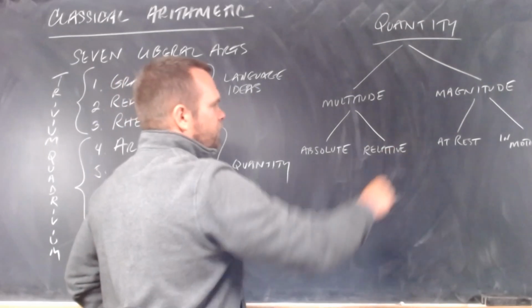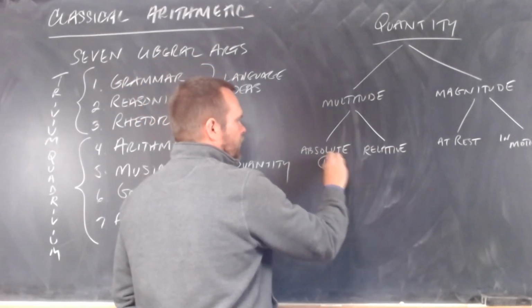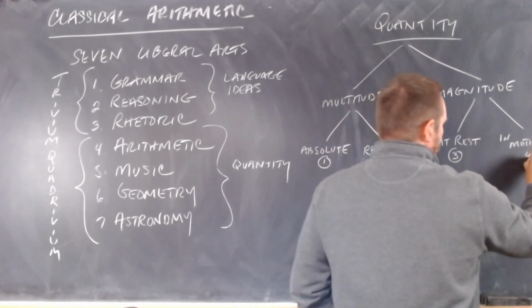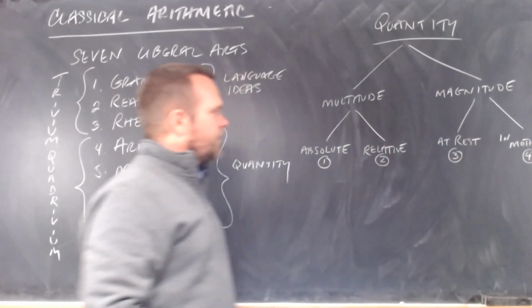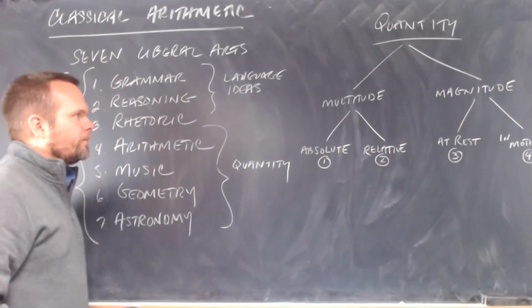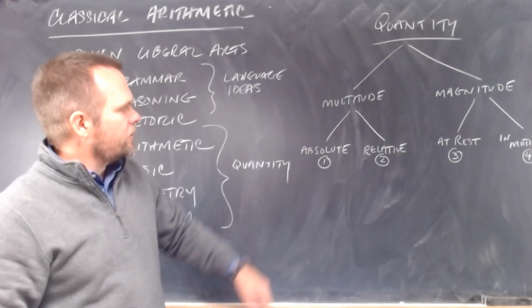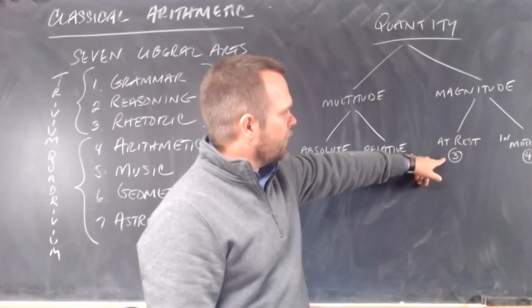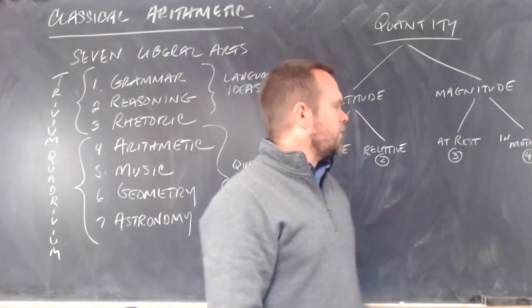What this produces for us are four different kinds of quantity: absolute multitude, relative multitude, magnitude at rest, and magnitude in motion.